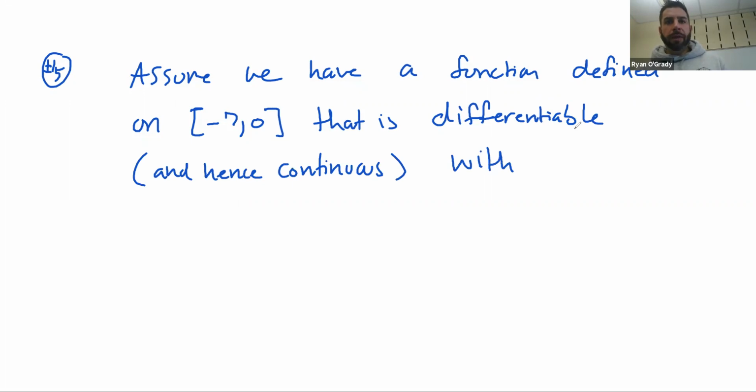And we know a couple things about it. We might know its starting value. We might know that when I plug in -7, it spits out -3. And we might also know how it grows. That is, we know that its derivative might have a certain property.